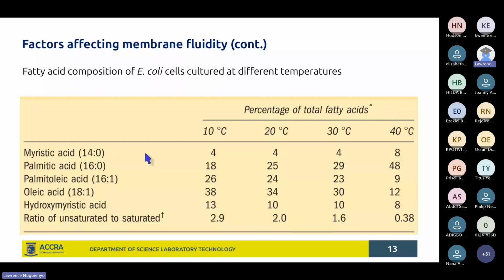These are some experimental values from a study on the bacteria E. coli. This is how you do culturing in microbiology, culturing of these microbial cells.